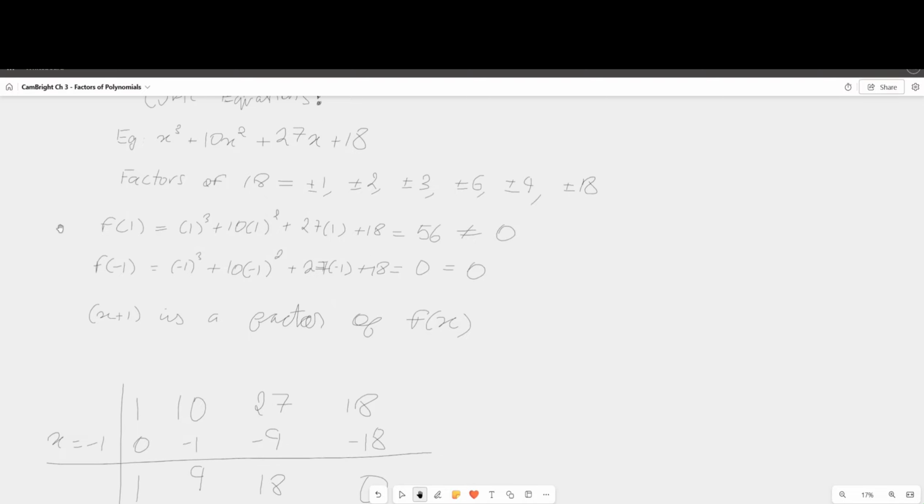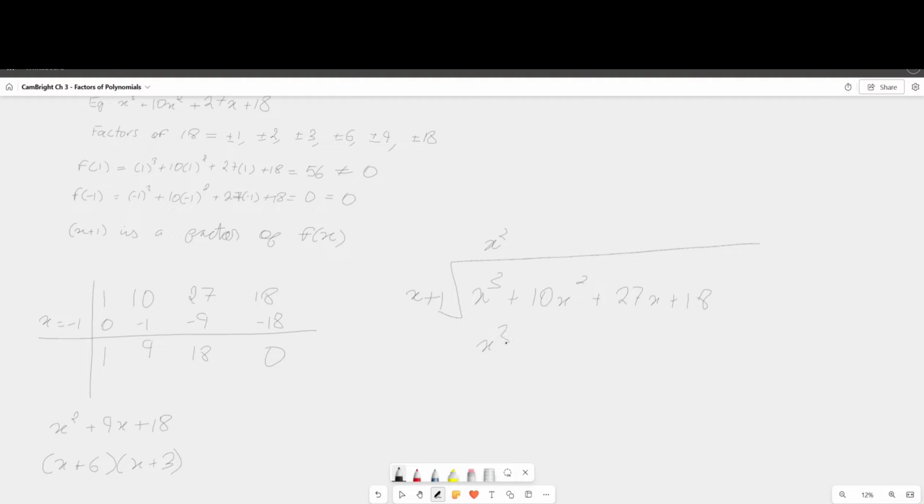And then we do something called synthetic division. Obviously you can also do long division, so let me show that process here. Let's say x cubed plus 10x squared plus 27x plus 18 divided by x plus 1. So we take x squared, which gives us x cubed plus x squared, leaving 9x squared plus 27x.